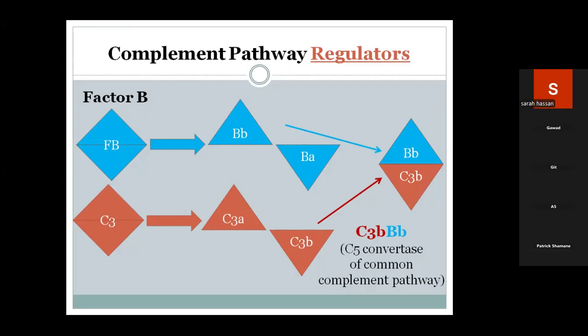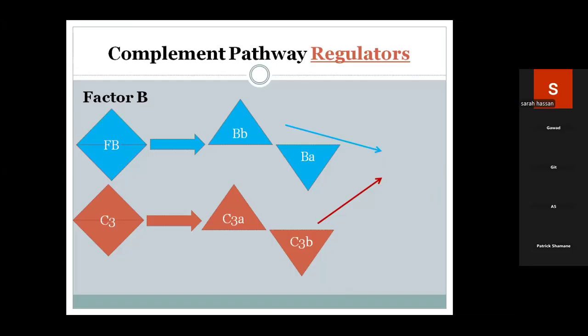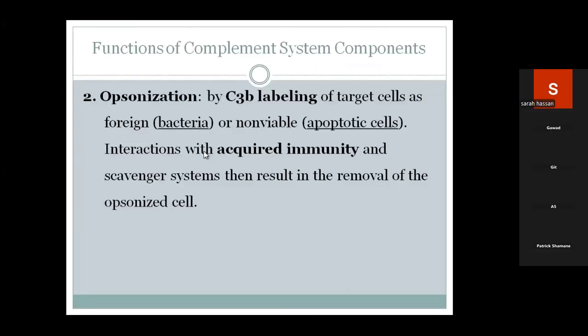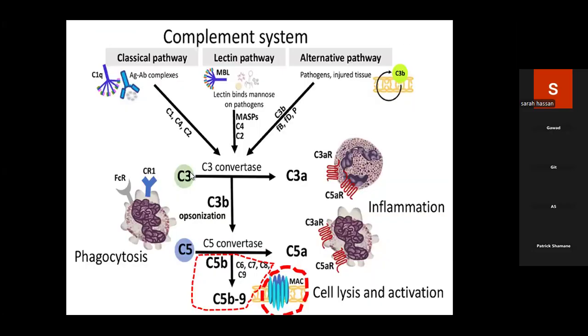Why common? Because if we go back to the complement system, we will see that there are three pathways: the classic pathway, the lectin pathway, and the alternative pathway. All of these end up at the level of C3, whatever the target, whatever the initiation is.